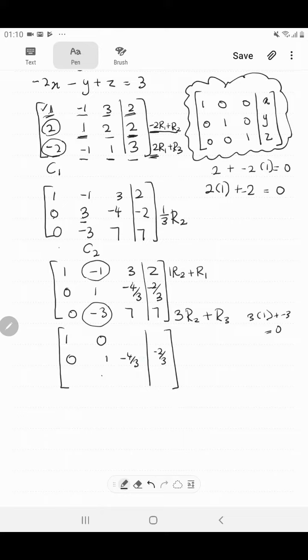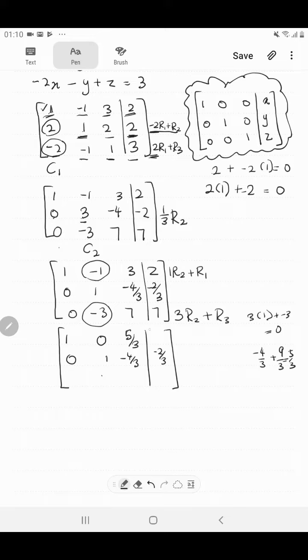Okay, so 4 over 3, this is row 2, 4 over 3 plus 3 is 5 over 3. So you need to do side calculations here. Negative 4 over 3 times 1 plus 3. So 3 will be 9 over 3, and that gives you the 5 over 3. So a simple calculation on the side will give you the number.